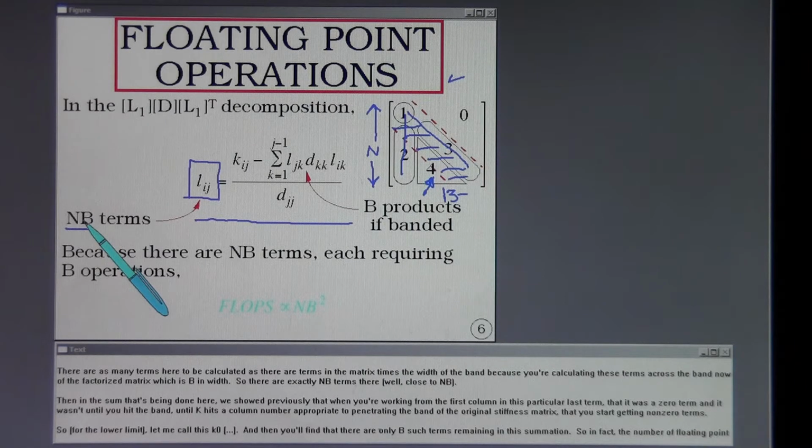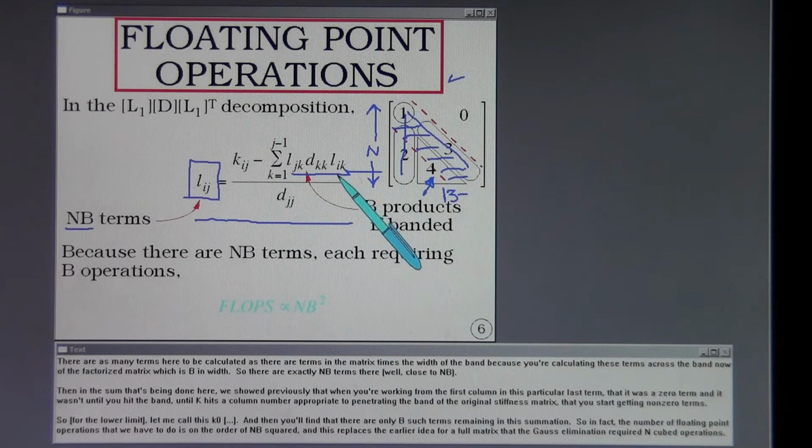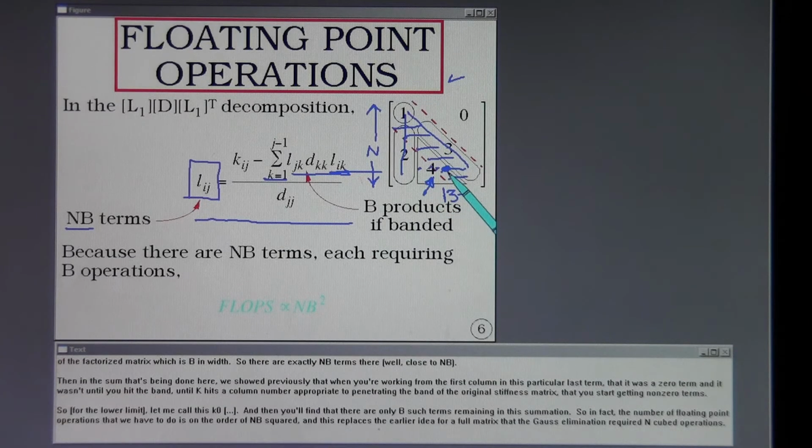Well, close to nb. Then in the sum that's being done here, we showed previously that when you were working from the first column in this particular last term, it was a 0 term, and it wasn't until you hit the band, until k hits a column number appropriate to penetrating the band of the original stiffness matrix, that you start getting non-zero terms.